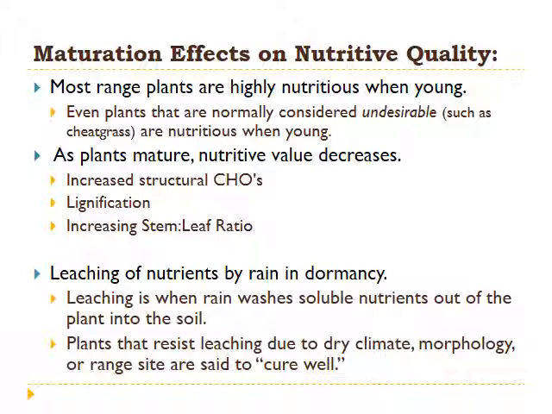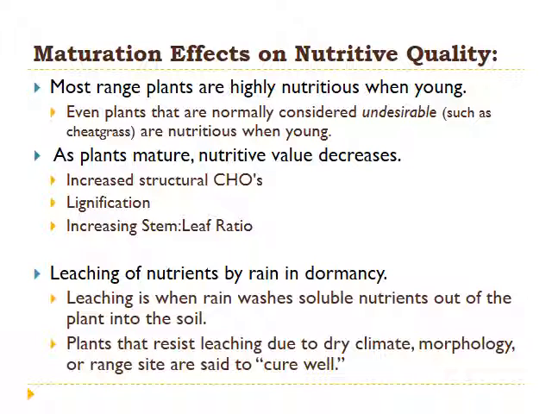Plants that are really resistant to leaching because of their structure, or plants that are in dry climates, are often said to cure well. This can be important in the northern plains like North Dakota, where I came from, or South Dakota. We tend to have really dry, cold falls, and so the grass tends to cure pretty well because there's not rain to wash those nutrients away.